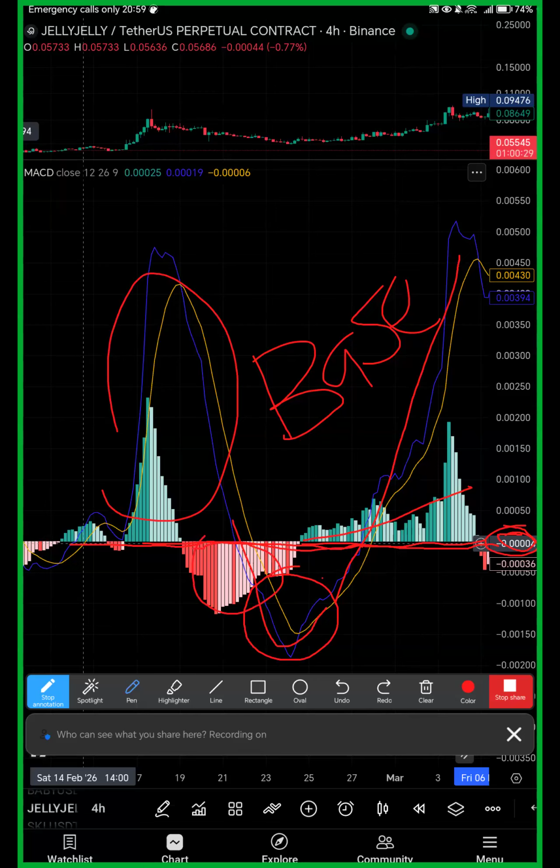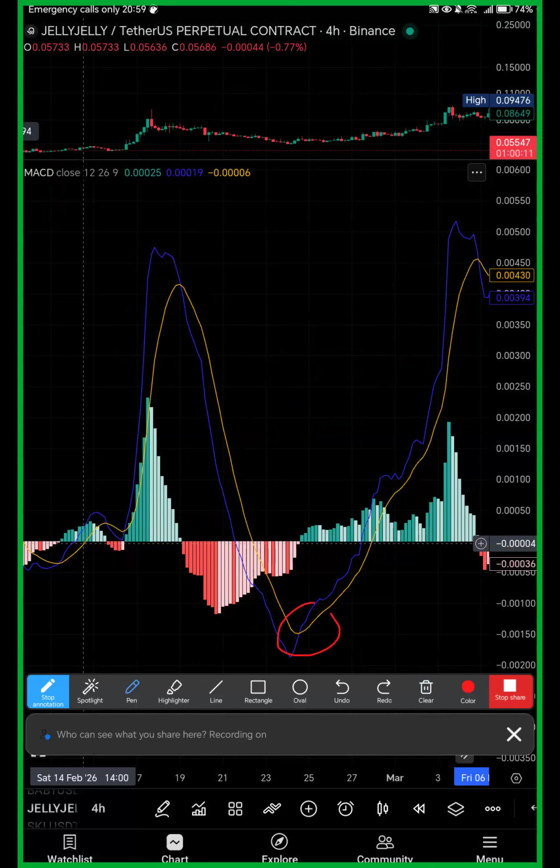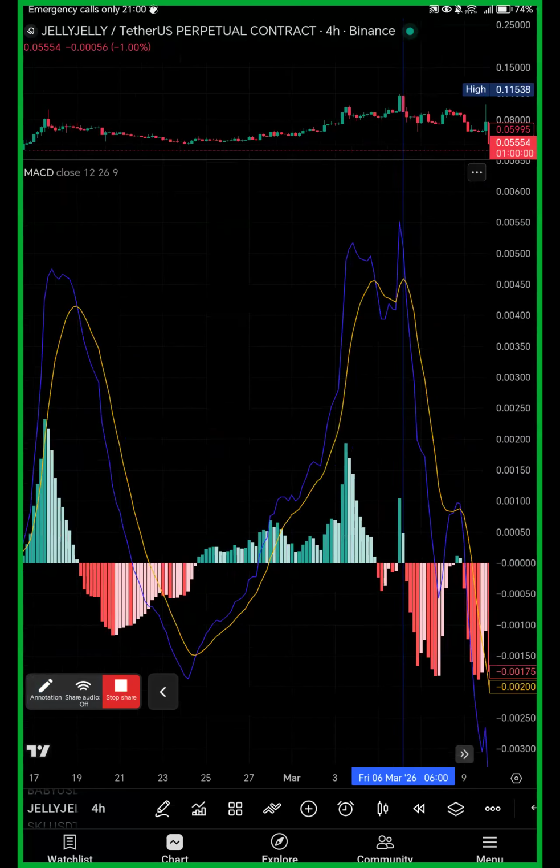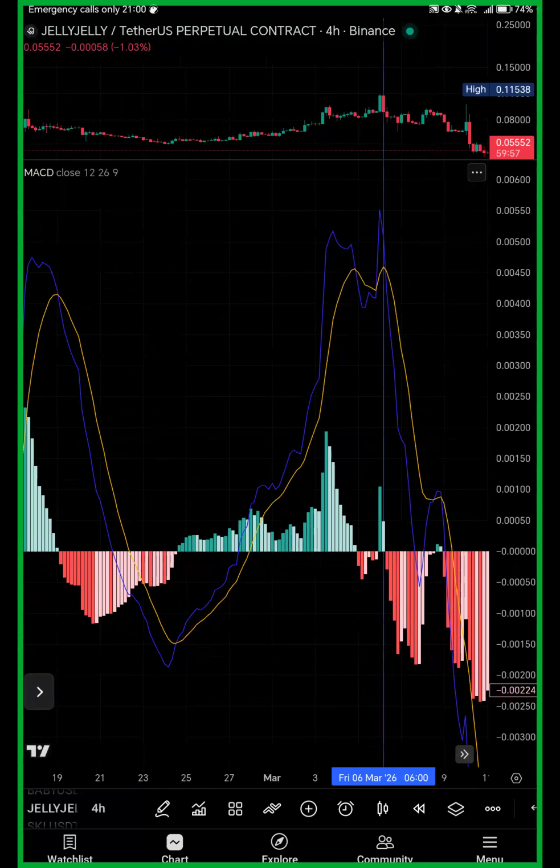So they will cross over below or they will cross over above. Sometimes the golden cross can happen above the zero line or the baseline. Sometimes the golden cross can happen below the zero line, as you have seen here. This one is happening below the zero line. But sometimes you see a crossover happening above the zero line.